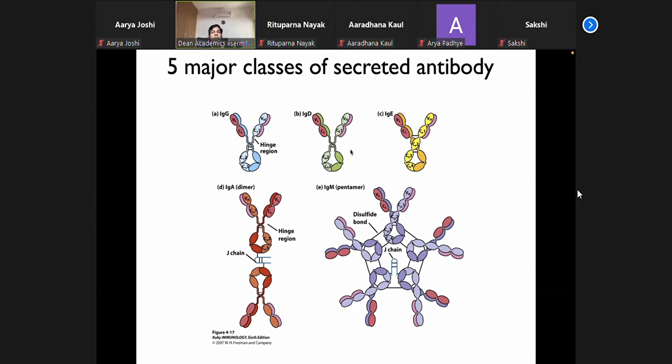IgD is usually present on surface of the B cells that you have. Very rarely you find them secreted either in circulation or in tissue fluids. And that is why this type of antibody has not been characterized that extensively.